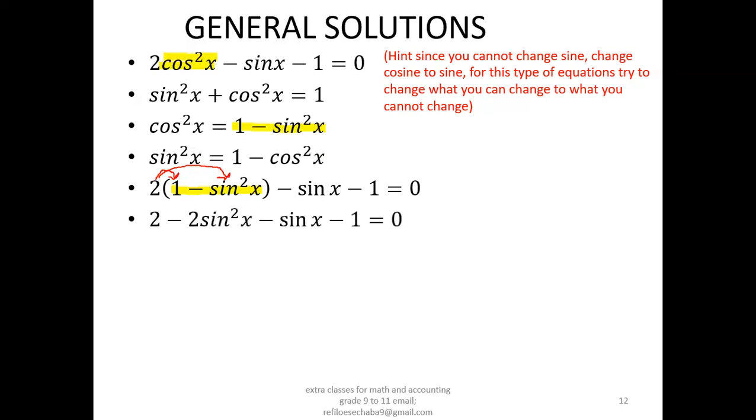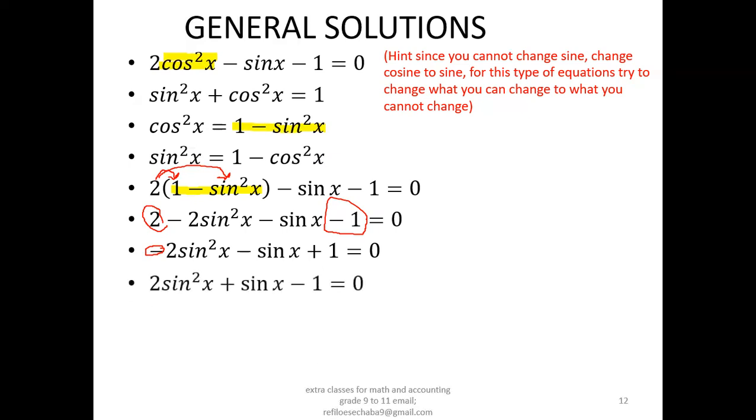Like terms with like terms: 2 minus 1 gives me 1, and this is what I will end up with. Get rid of this negative by multiplying all the terms by negative 1, and you will end up having 2 sine squared x plus sine x minus 1. And that is pretty much easy.